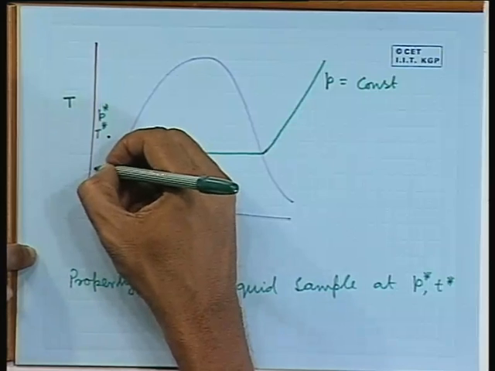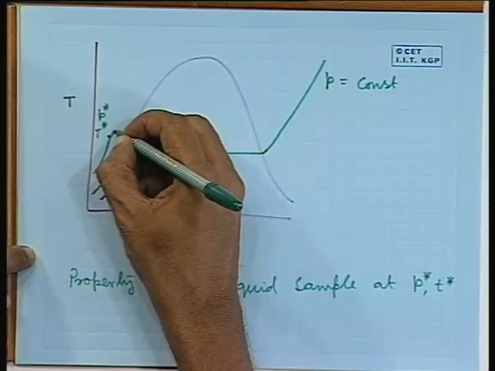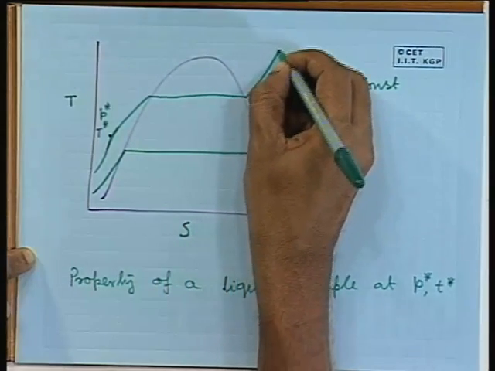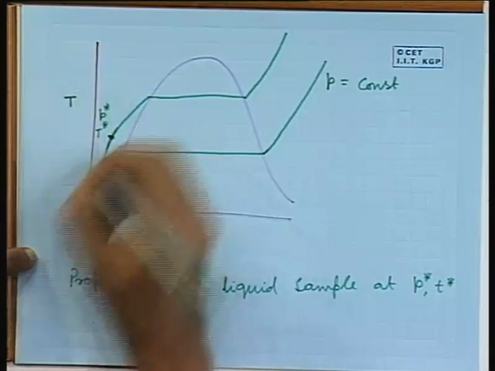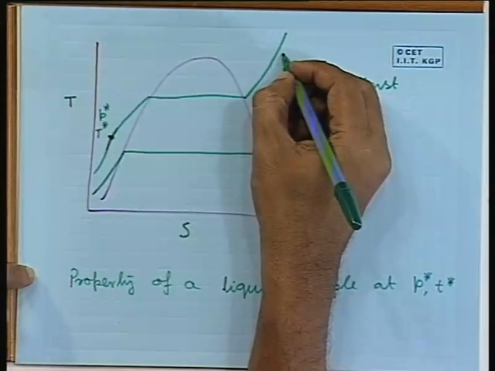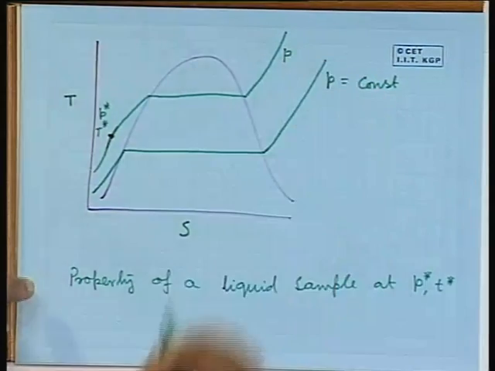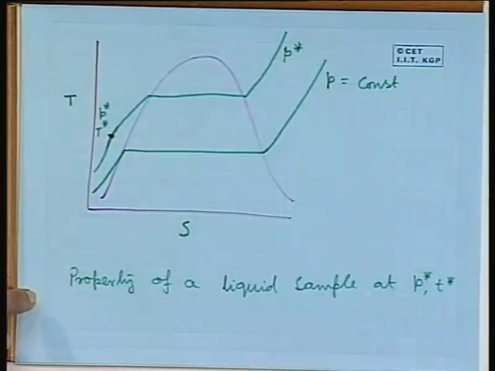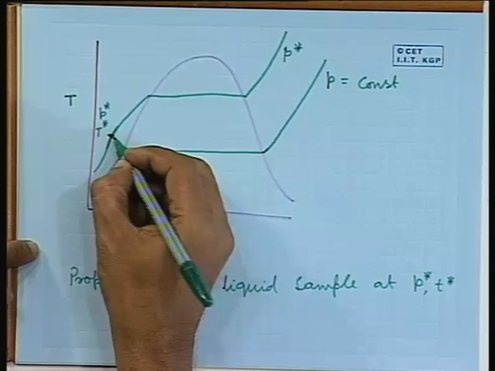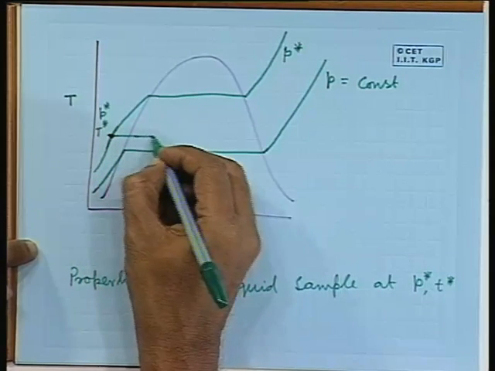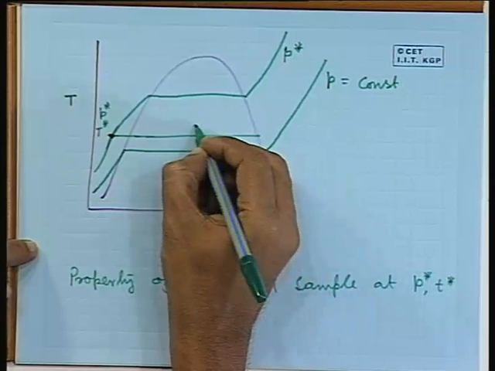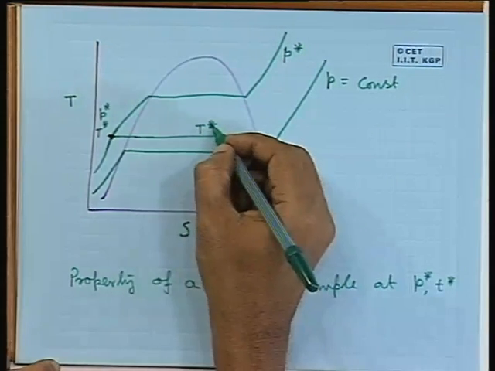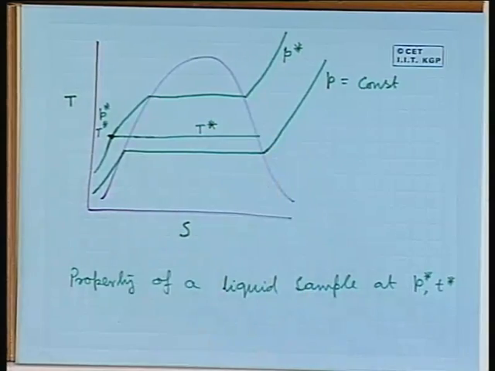So, let us say through P star, T star, if I pass a constant pressure line, this will be something like this, and a constant temperature line is something like this. So, this is your T star. All right.